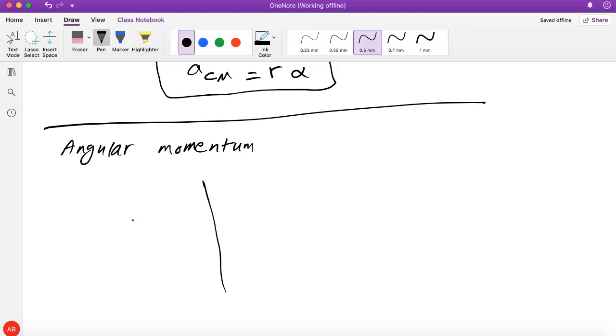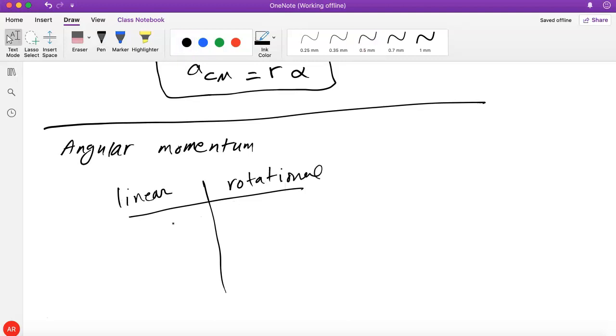Let's say we had linear and rotational. I'll just write a couple of the quantities we talked about. For example, we had velocity and the rotational analog was omega. We had mass and the rotational analog was the moment of inertia.